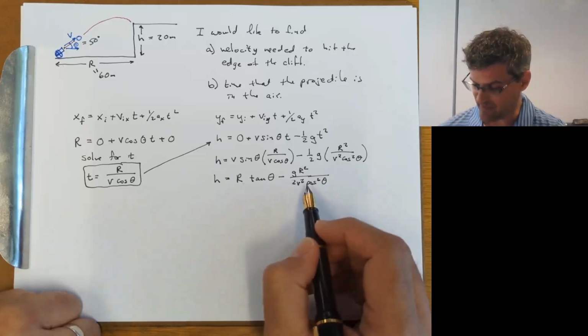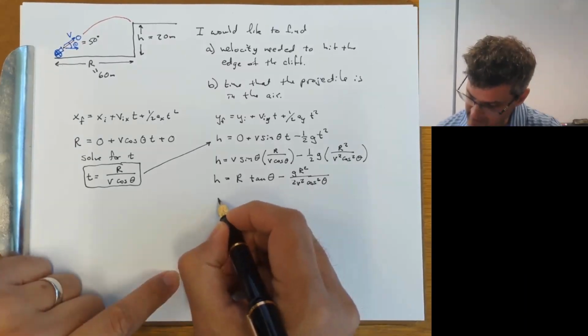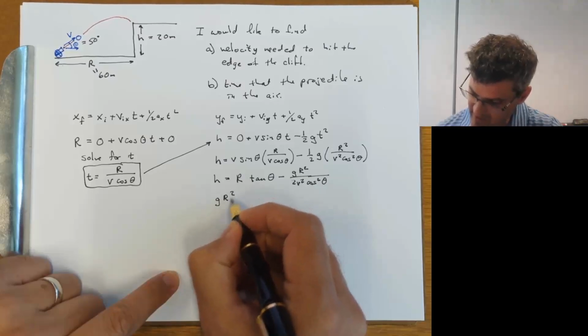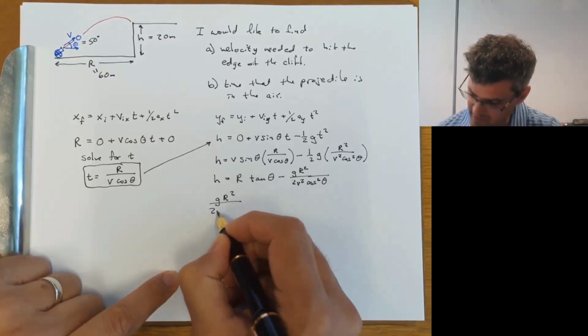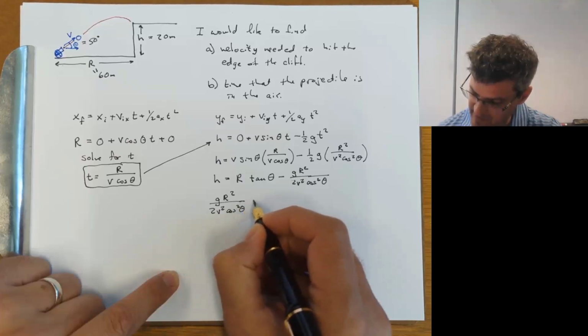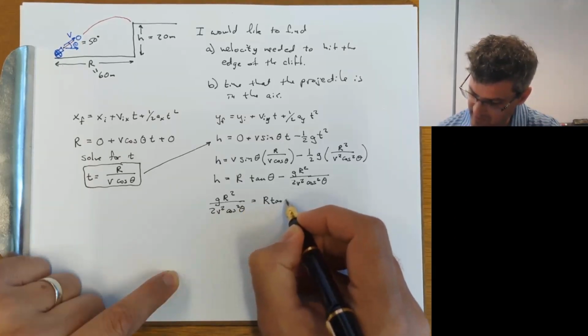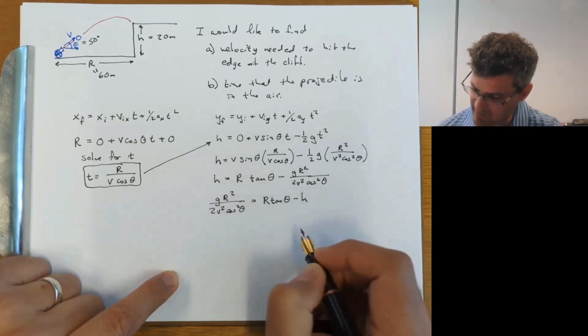I can solve this thing algebraically for v. So I see that g r squared over 2 v squared cosine squared theta is going to be equal to r tangent of theta minus h.